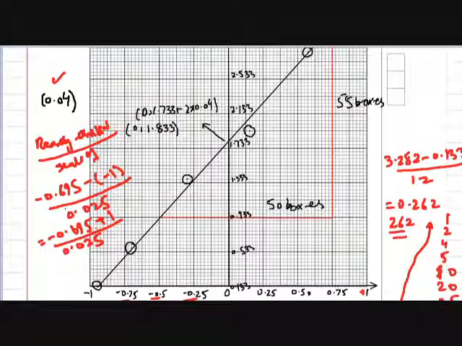So let us see how much it comes out to be. Minus 0.695 plus 1 divided by 0.025. It is coming 12.2 boxes, so I will take 12 boxes along x-axis.